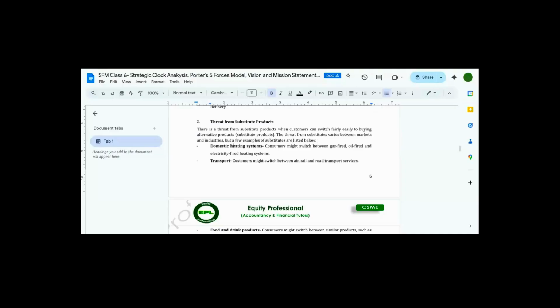In the domestic heating system, consumers might switch between gas fire, oil fire, and electricity heating devices. Even in some parts of the globe now, we have solar heating devices. So there are many alternatives. In the transport system, consumers can switch between air transportation, rail transportation, and road transportation.